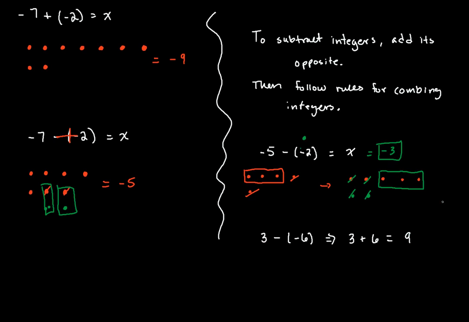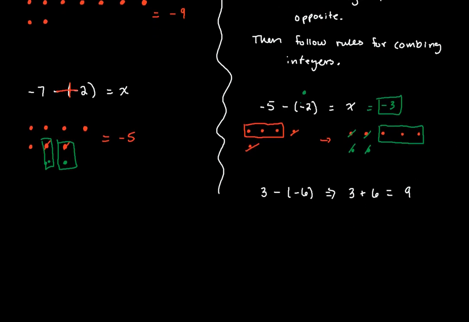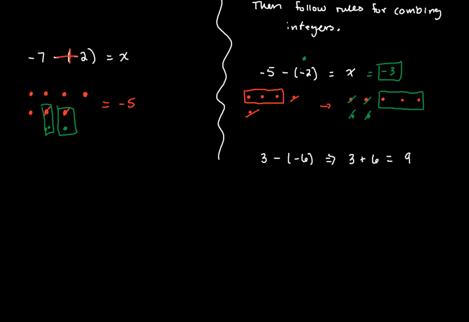Now, you can also think of this as if you were on a number line, right? So let's take a number line and graph out this 3 minus -6 thing.